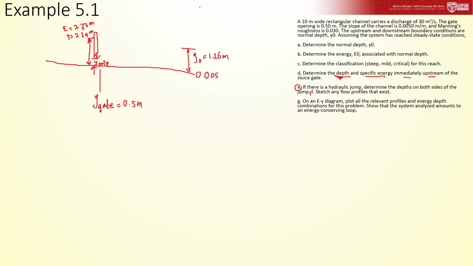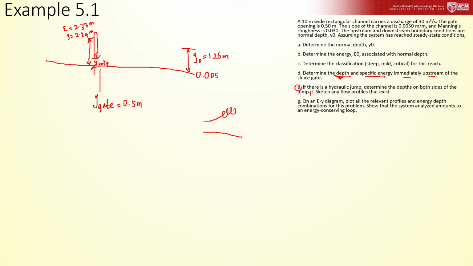Okay, so here we know that the y gate is 0.5. To answer this question, we know that if there is a hydraulic jump, the flow will be like this.